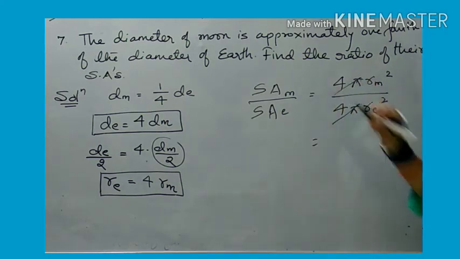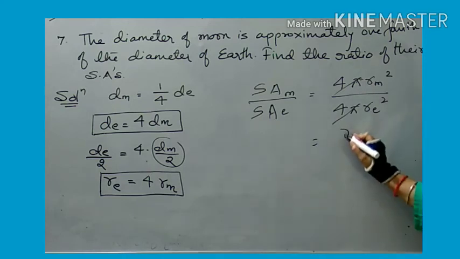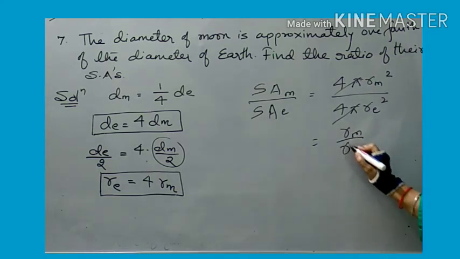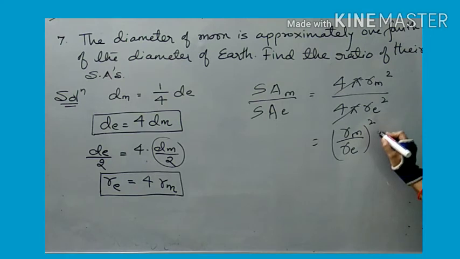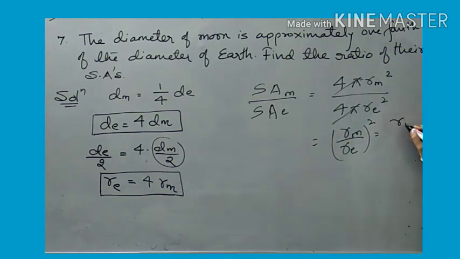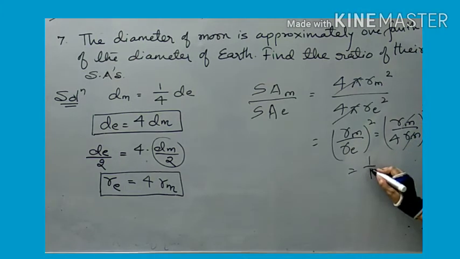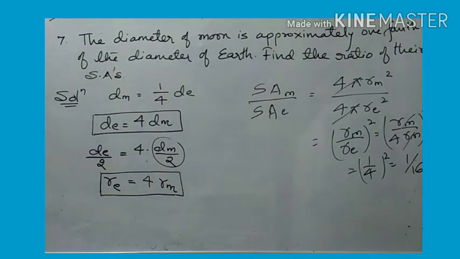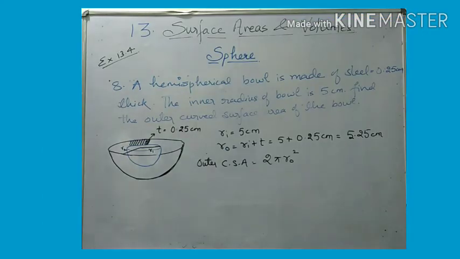So this 4 pi cancel out. क्या मिल रहा हमको? rm upon re whole square. Now what is re? This is 4 rm whole square. Put the value. So what we are getting? 1 upon 4 whole square. So this will be 1 upon 16. So thus the ratio.